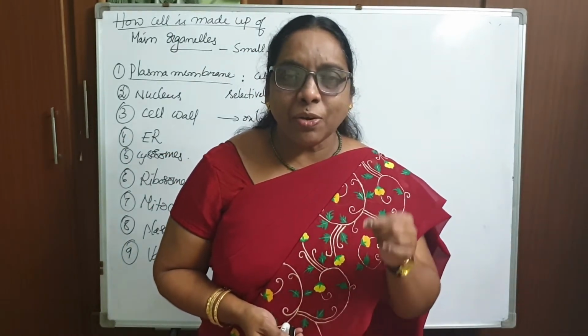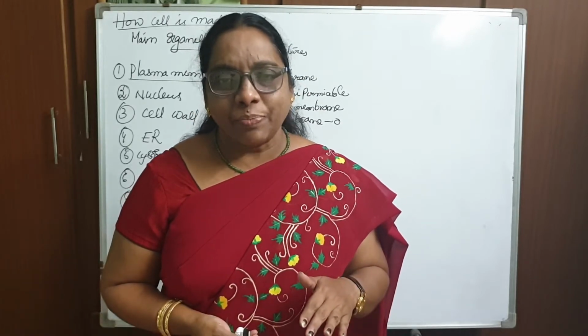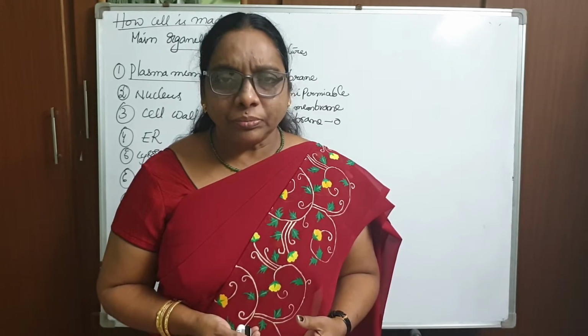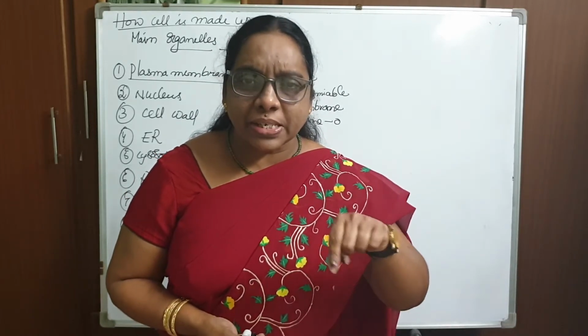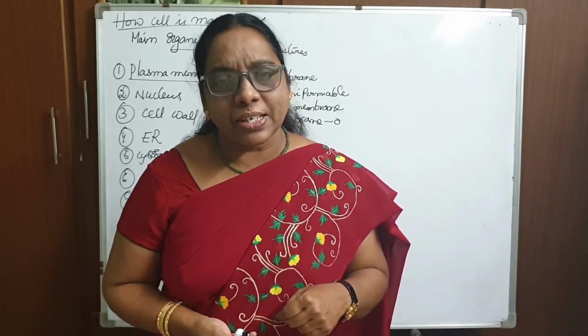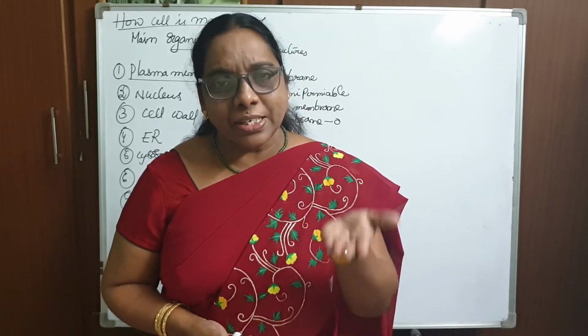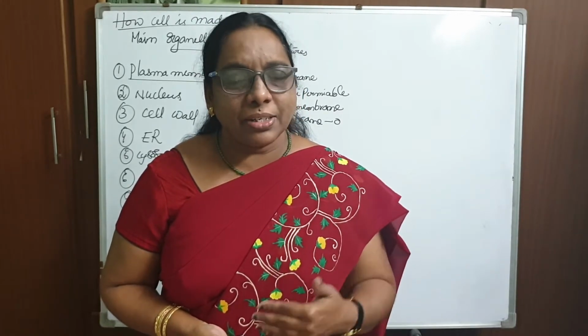It is allowing only certain particles to pass through it, not all the particles. In the coming topic, we are doing an experiment. Even if we take a beaker containing water mixed with sugar or salt, it allows only the water particles to go through, not the sugar or salt particles.